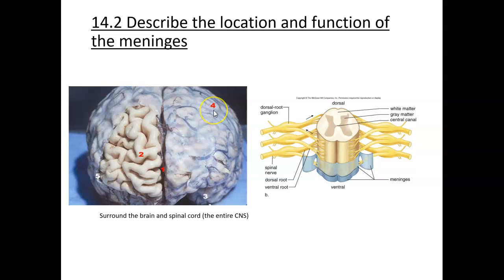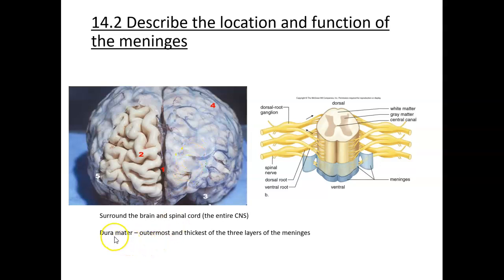So it's protective of the surface, and you can see that the meninges completely surround the brain and then the spinal cord going down; the meninges completely cover the brain and the spinal cord.